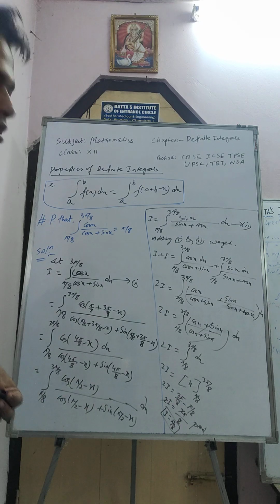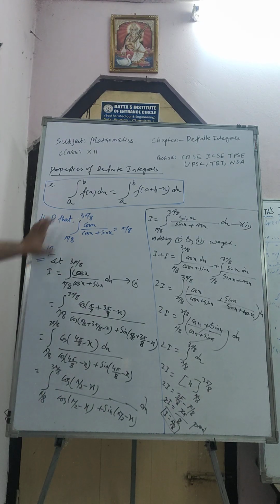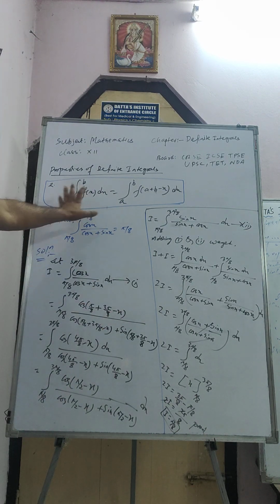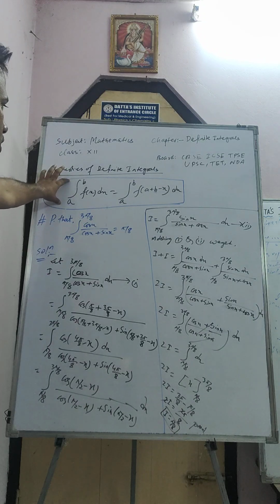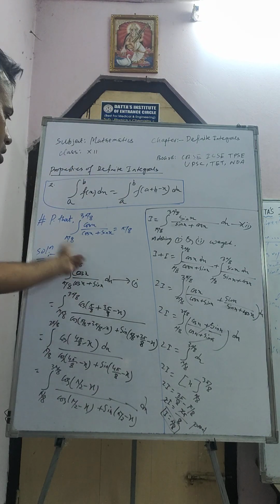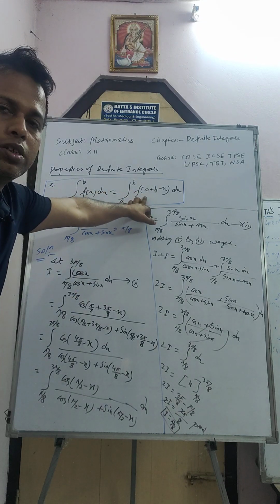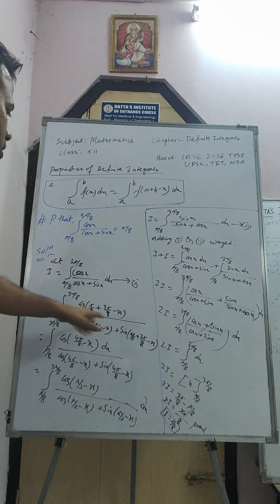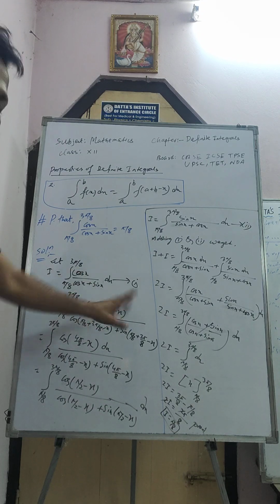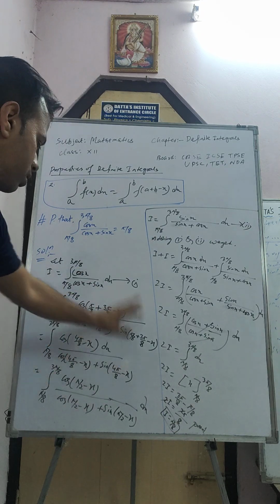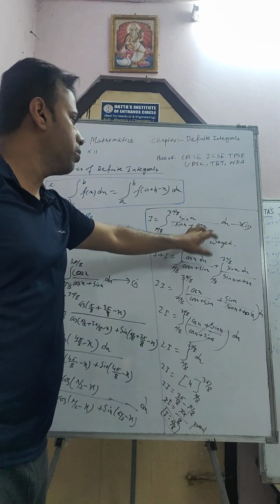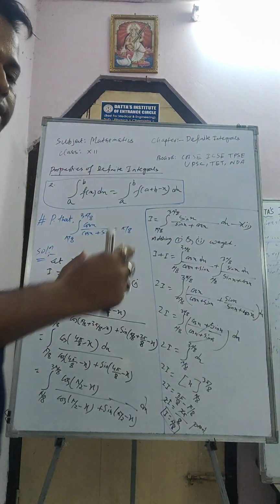Let me explain again. I take this one as equation 1, and after that I use the property a plus b minus x. Wherever I find x, I replace x with a plus b minus x, that is pi by 8 plus 3 pi by 8 minus x. After simplifying, equation 2 becomes this, and now I add equation 1 and equation 2.